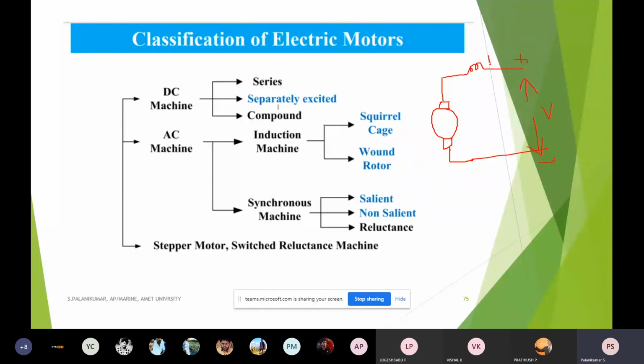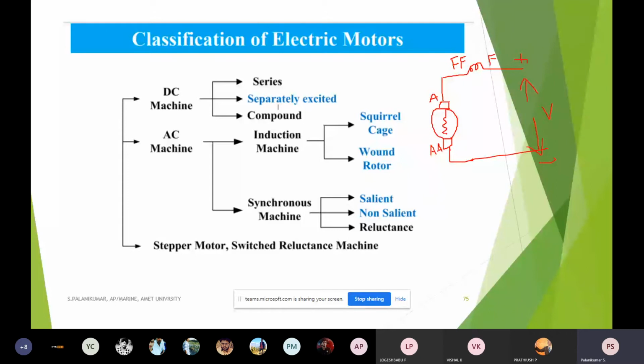This is my series field coil FF, this is my armature starting end, and then this is the armature outlet, A.